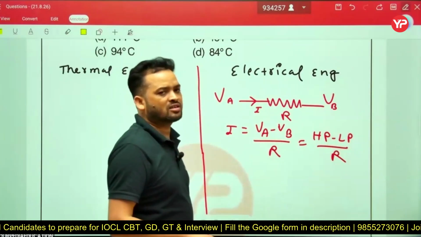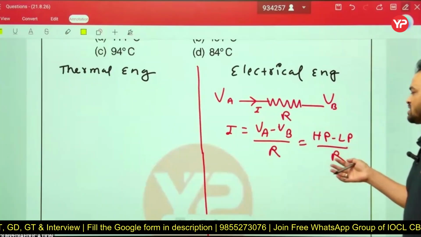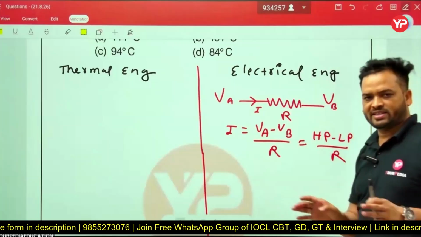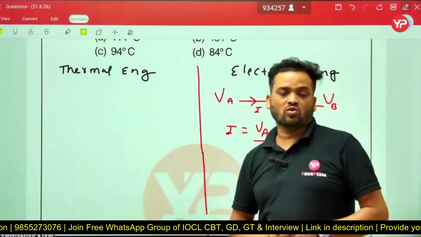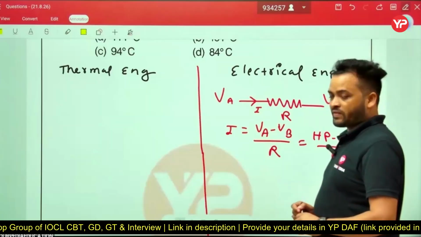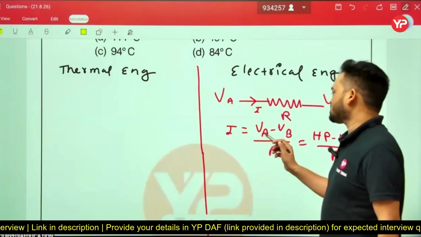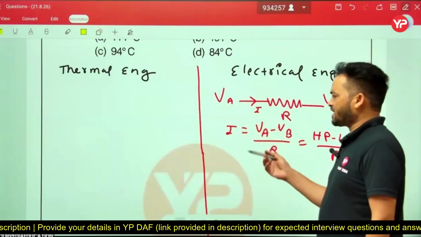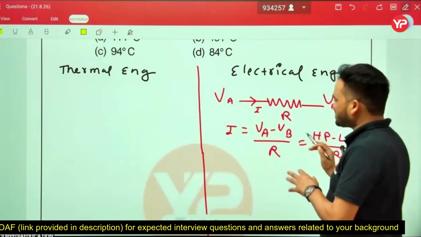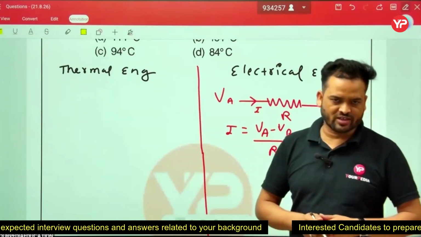This is the general discussion about Ohm's law: I equal to V by R, where VA minus VB is generally designated as V. Current always flows from high voltage to low voltage. If VA is less than VB, then the current is negative, meaning current flows from B to A. All this we know already because we are electrical engineers.